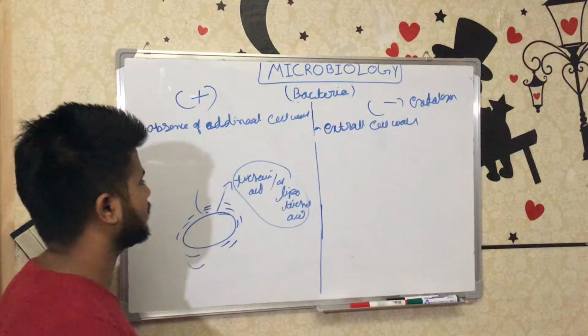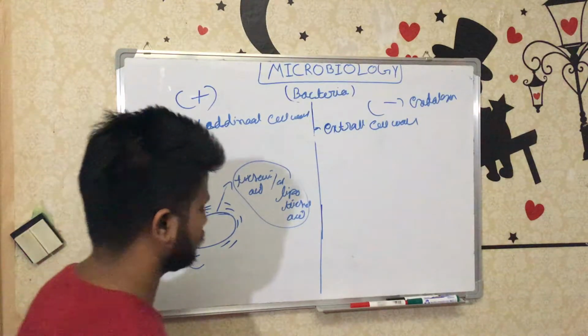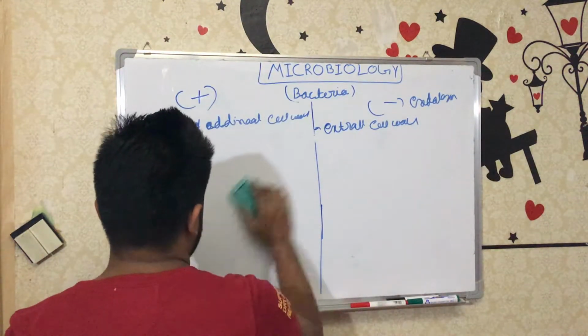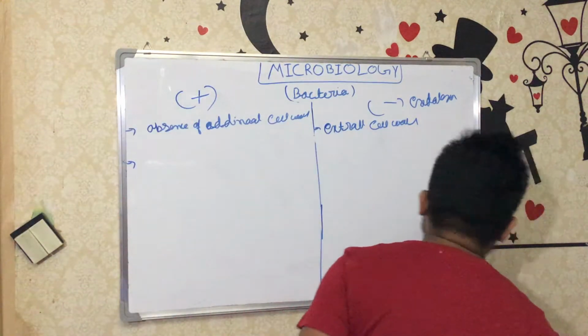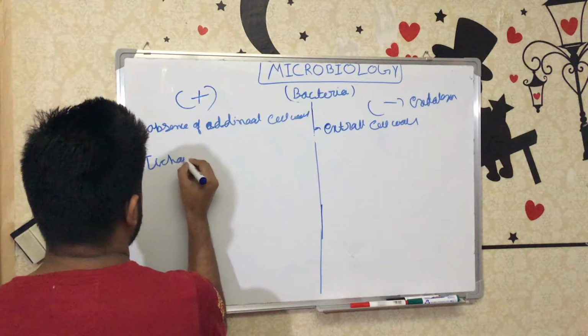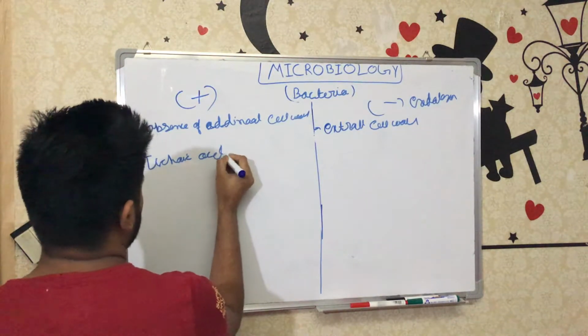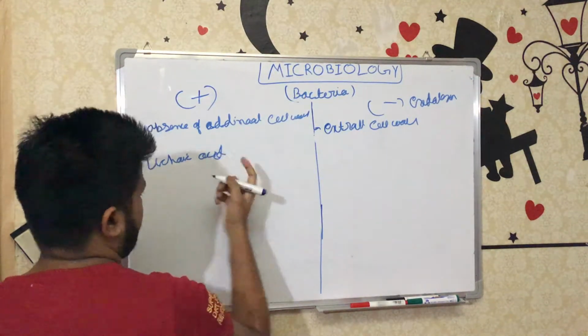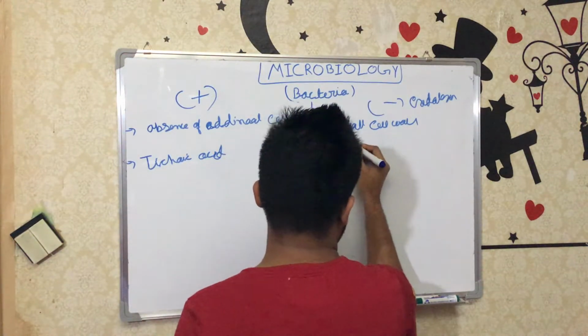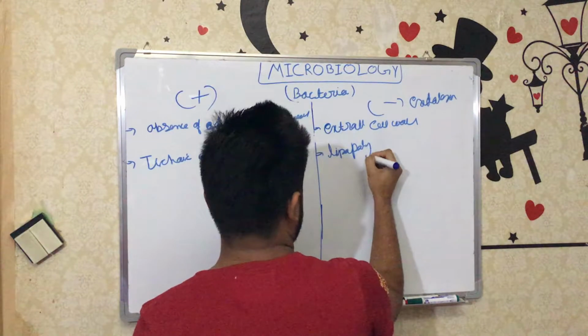This is the function of the teichoic acid, but the exact function is still unknown. So one difference is that the gram positive has teichoic acid, and the gram negative has lipopolysaccharide.